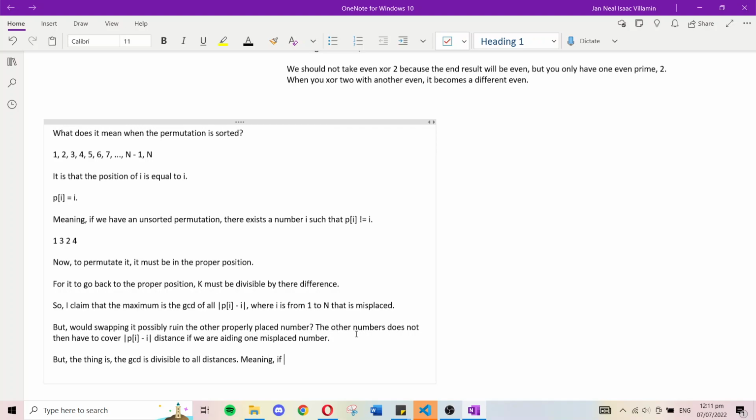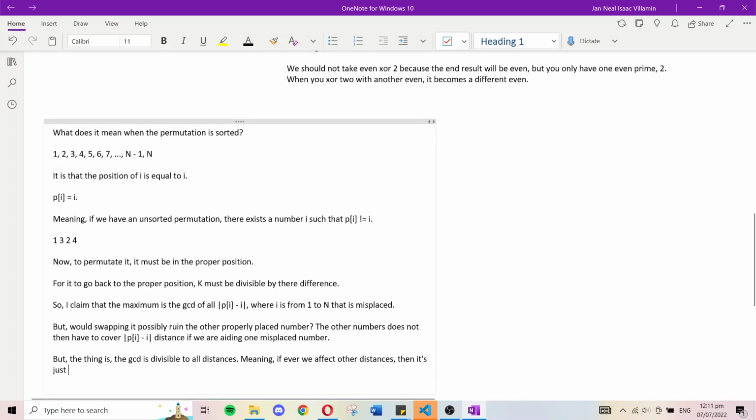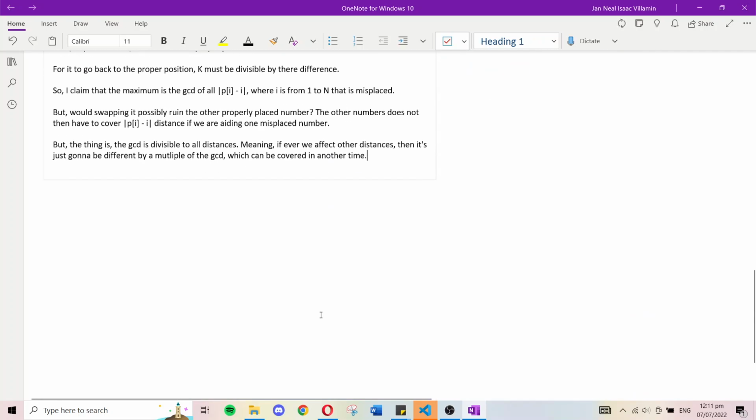Meaning, if ever we affect other distances, then it's just going to be different by a multiple of the GCD, which can be covered another time, right? It's still divisible, so you can just fix that later. So that's the point, I think. Yeah.